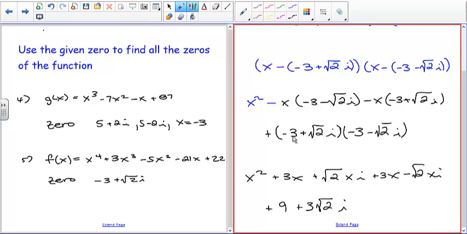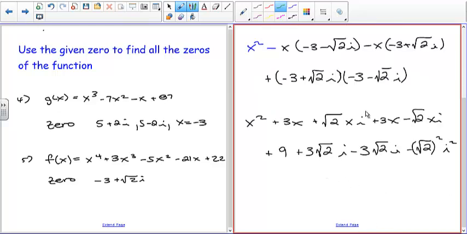Then you do the inner, which is going to be minus 3, because you've got negative times positive. So it's negative 3 square root of 2i. And then last, you've got negative times positive, so that's going to be negative square root of 2 times the square root of 2, which is that squared, and then you've got i squared.